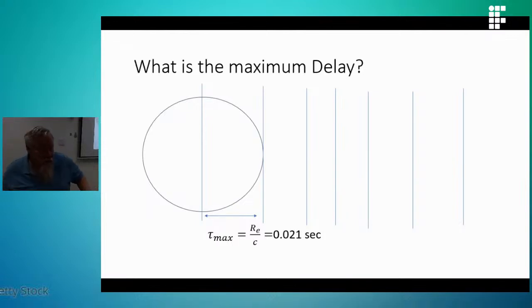That's the largest delay that you can get, because of the 90 degrees. Anyway, the radius of the Earth is 6,000 kilometers divided by the speed of light. So here is another question.